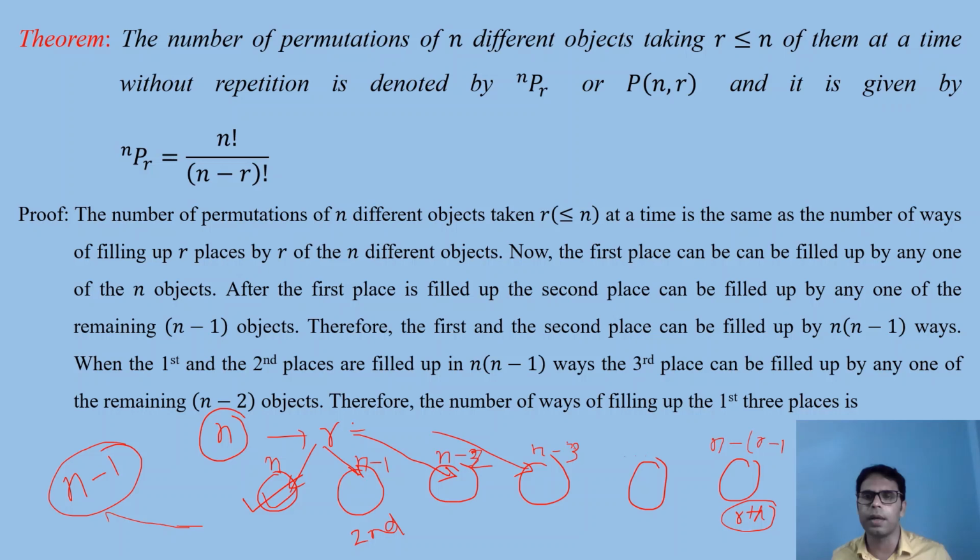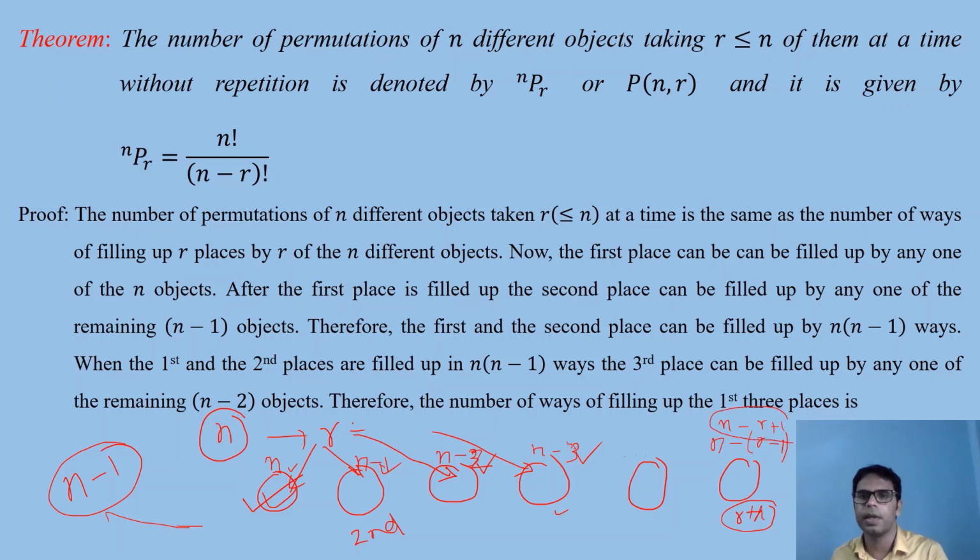1. You see here, the first place is n minus 0, the second place n minus 1, the third place n minus 2, the fourth place n minus 3, then for the rth place it is n minus (r minus 1), one less than the place number. So that can be written as n minus r plus 1.